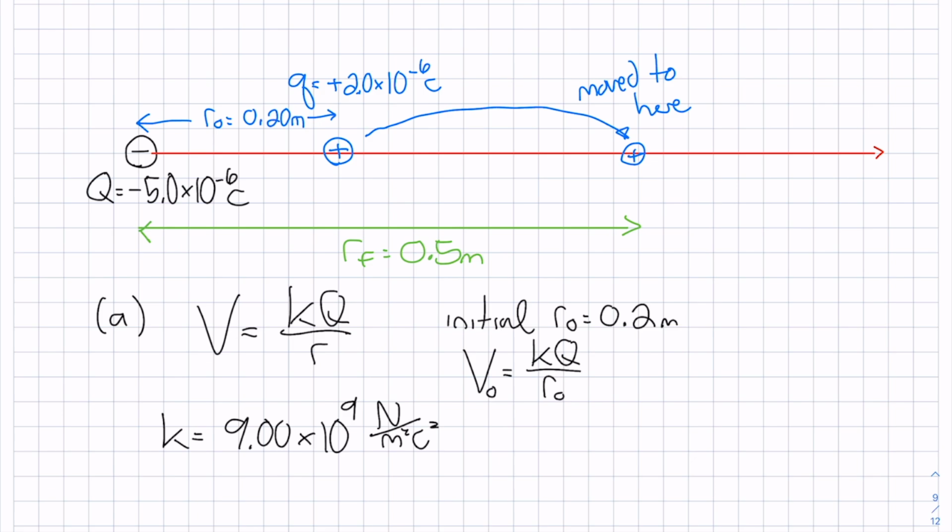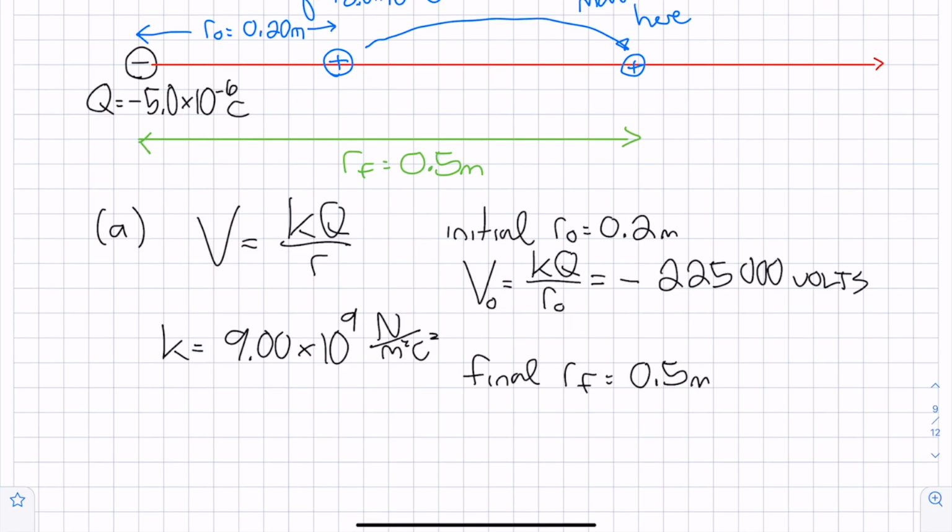And if I plug in the value for Q and for K and for R naught, we get minus 225,000 volts. Very large number. If I do it for the final position of 0.5 meters and plug everything in, I get negative 90,000 volts.